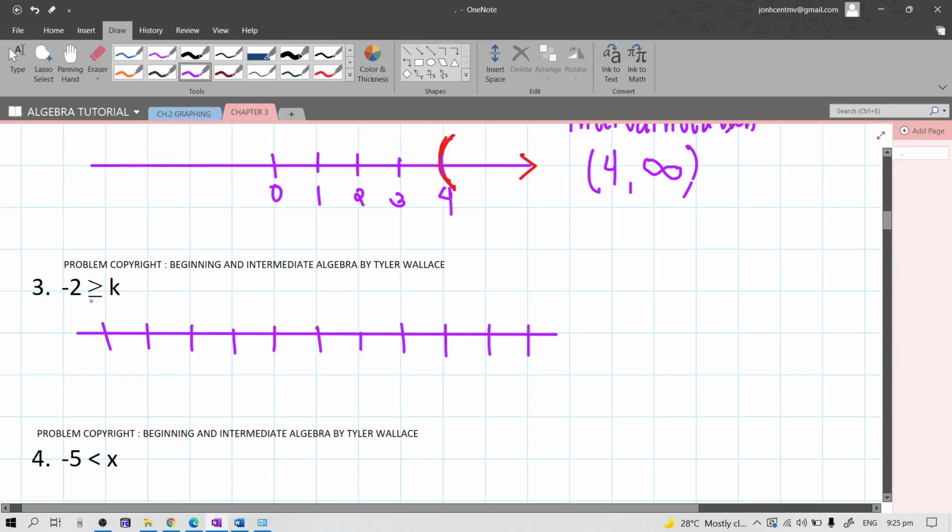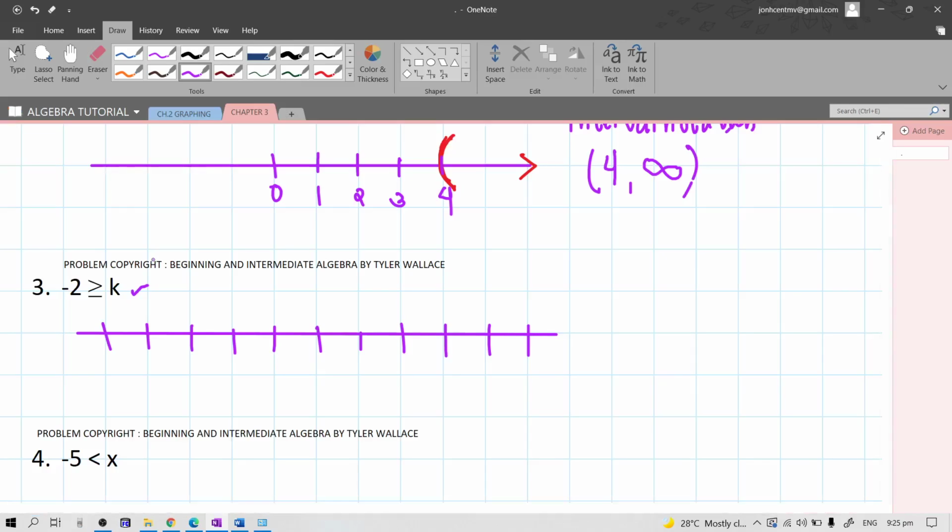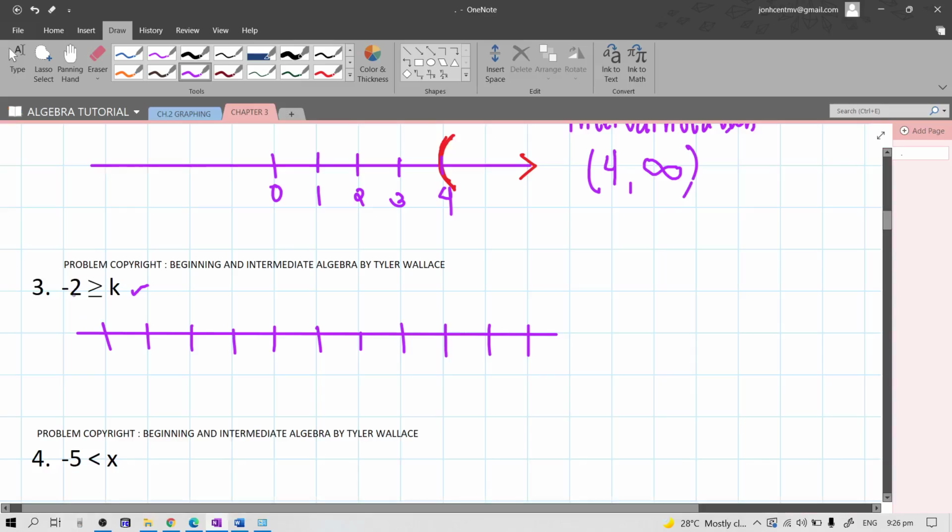So, negative 2 is greater than or equal to k. Iniba lang natin yung ating variable. So, ano yung mga numbers na yan? Mas malaki daw si negative 2 kaysa dun kay k.